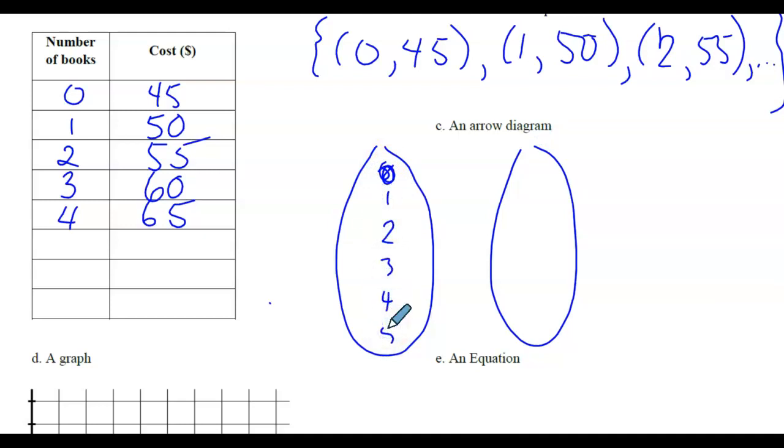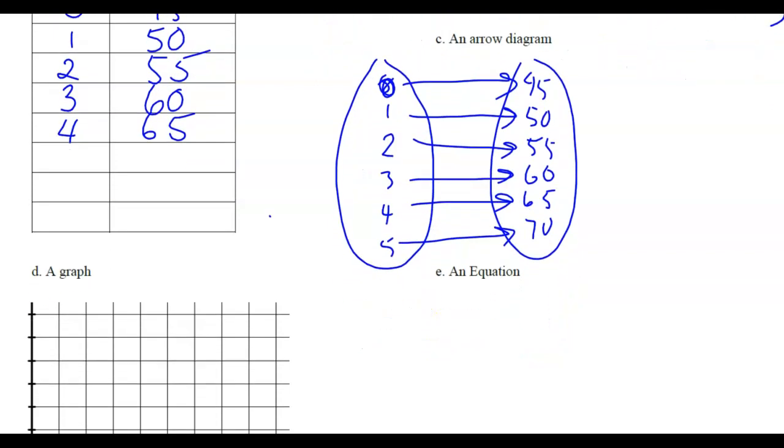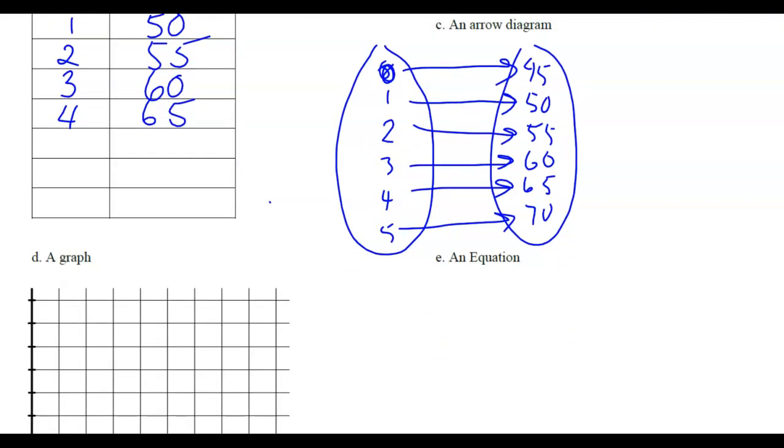I'll go to 5 and fill that in. Then 45, 50, 55, 60, 65, 70. Arrows go across. Obviously, that can go on forever. Okay.